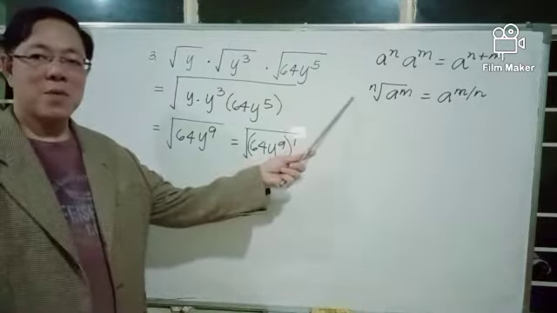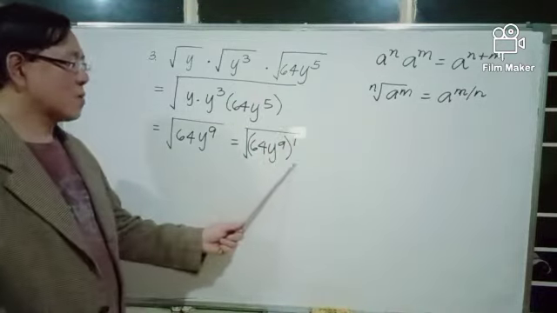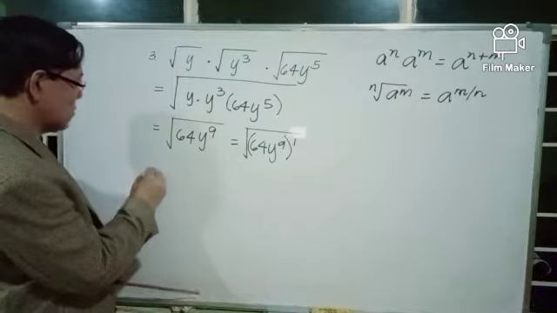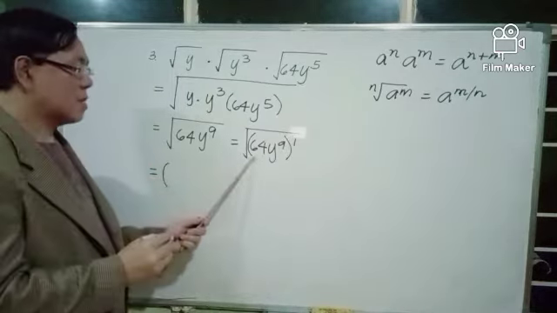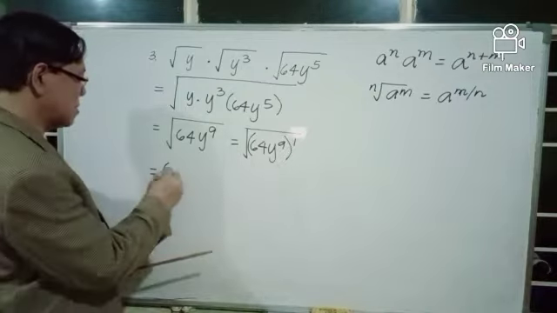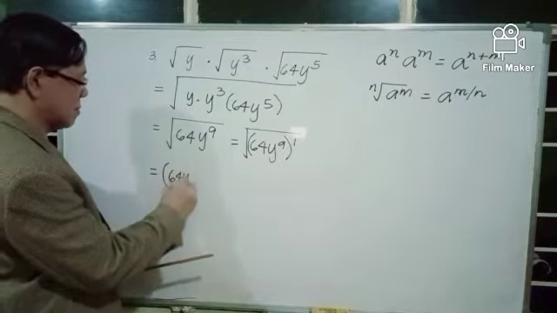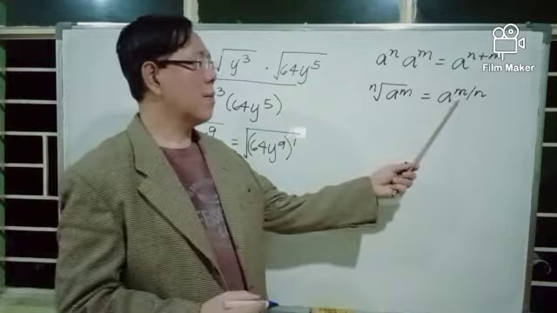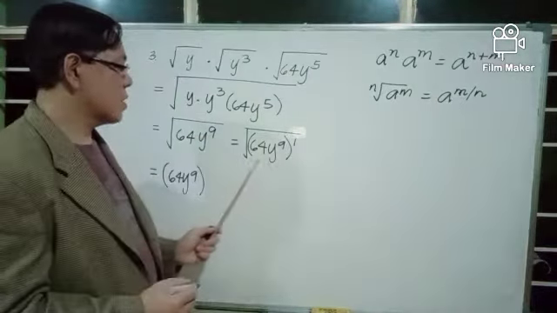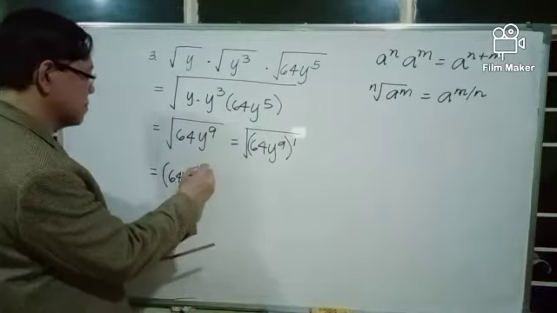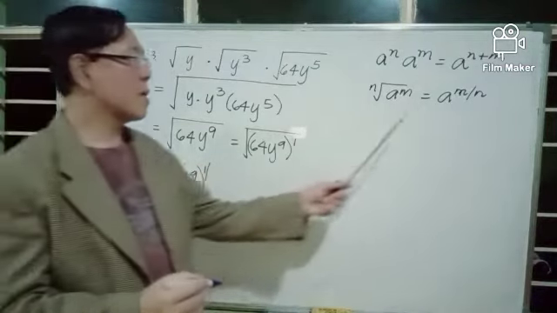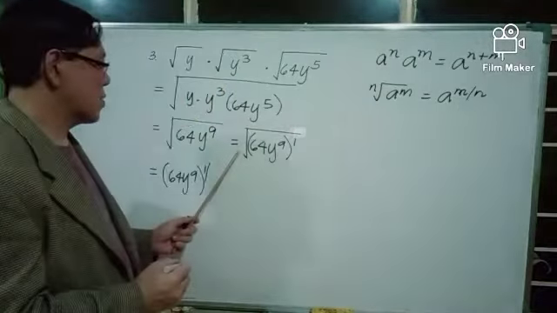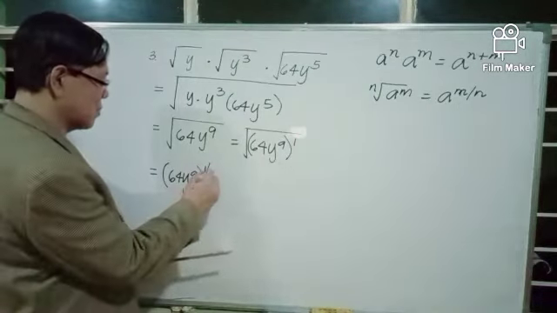Hence, by this property of radical, the square root of 64y raised to 9 raised to 1 is equal to the base 64y raised to 9 to the power m. The exponent of this base is 1. Divide by n. N is the index of the radical sign. The index is 2.